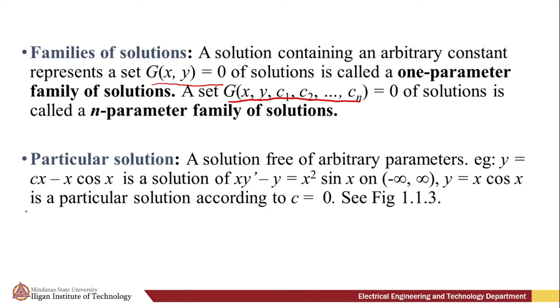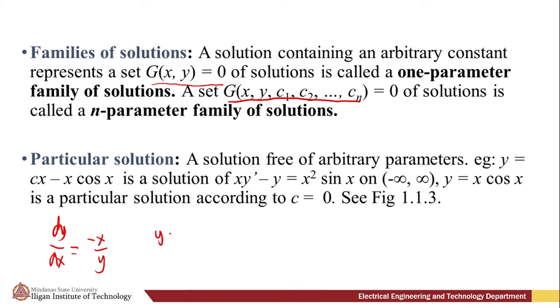For example, you have dy over dx equals negative x over y. This differential equation is an example of a variable separable. So, to get the solution of this differential equation, we can just apply the variable separable method.